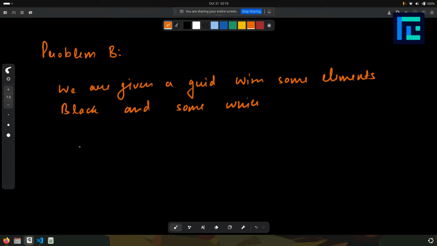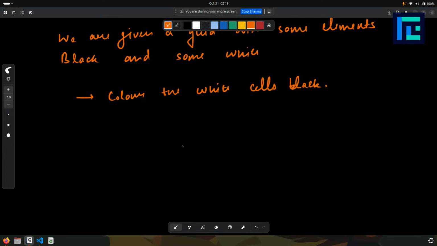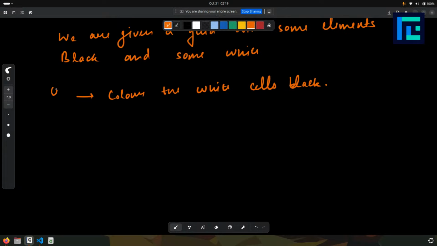And what you can do is basically color the white cells black. And you can perform this operation as many times as you want. And we need to tell if we can transform the grid into a grid that follows these three conditions.